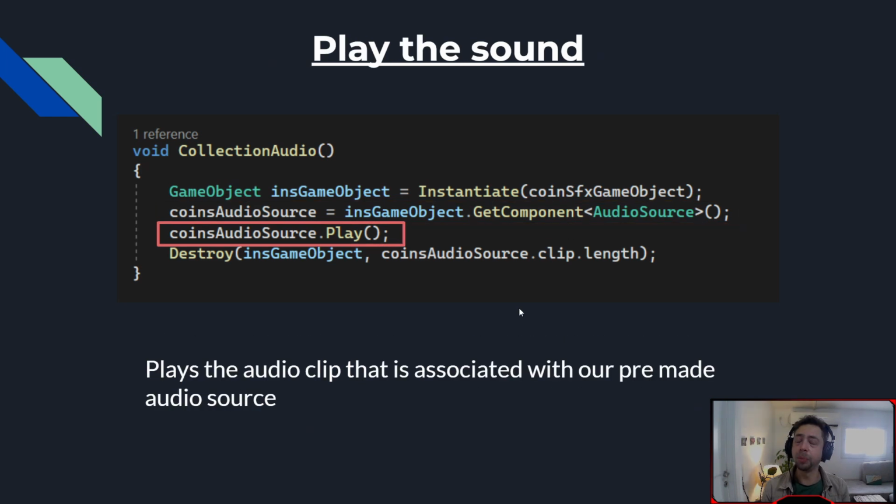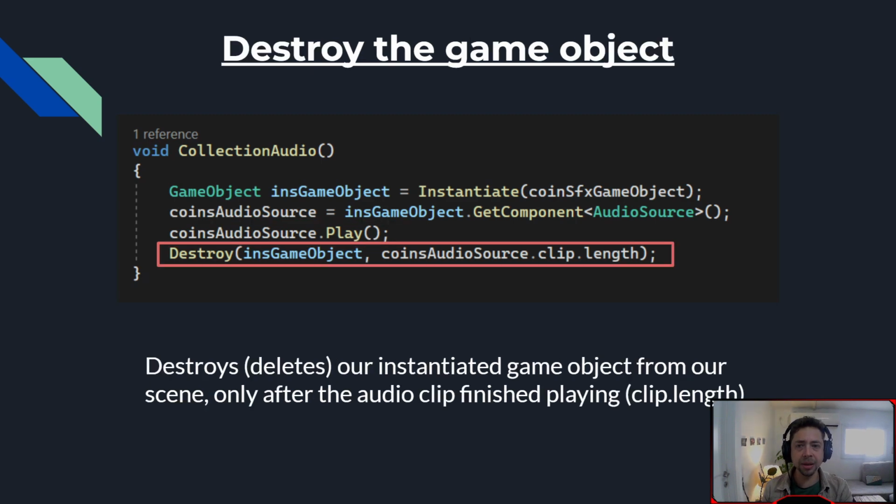After we did so, we just said to this coin audio source, you can play now. After it played, we call the Destroy function, and we say this instantiated game object, you can destroy that, but only after the length of the audio clip has finished. By that, we ensure that we won't have any cutoffs, even if the coin sprite or particles are out of our scene by now.